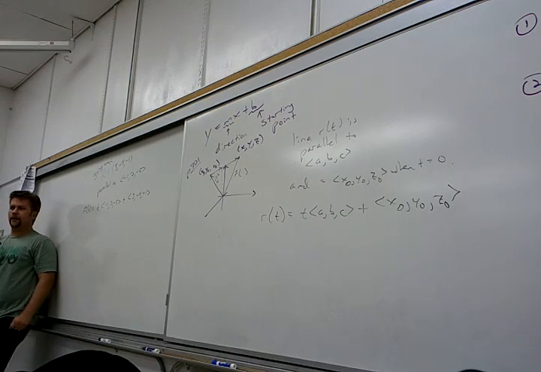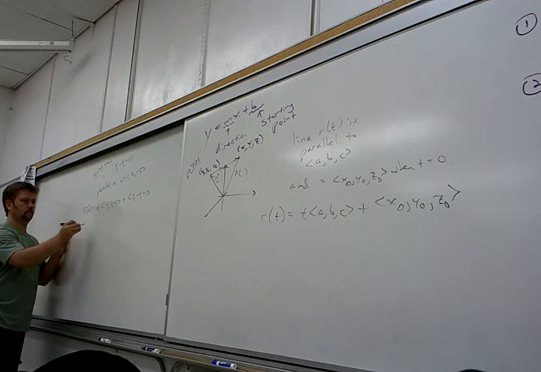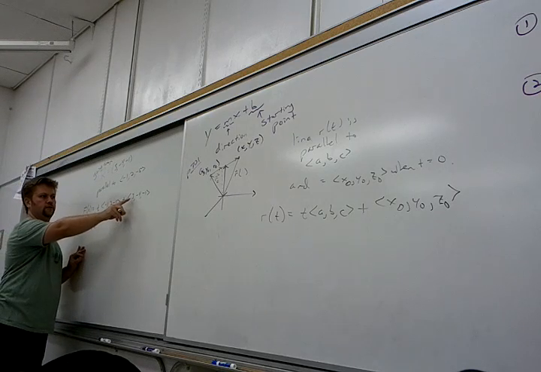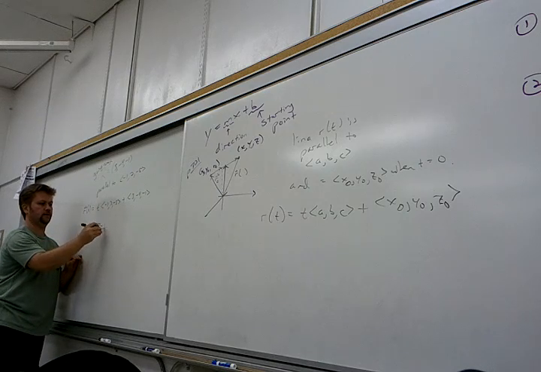Can somebody think of a way to write that completely parametrically? What I mean by that is break it down to its parts. X is equal to 3 minus t. Good, so see what she's doing? She just looks at the components, right? 3 minus 1t, so 3 minus t.